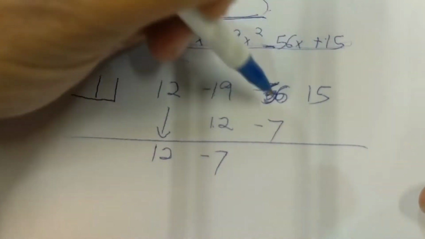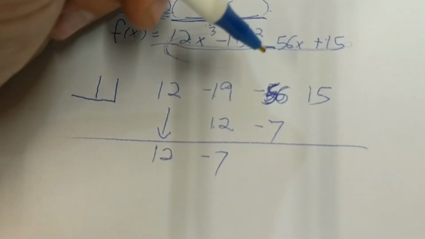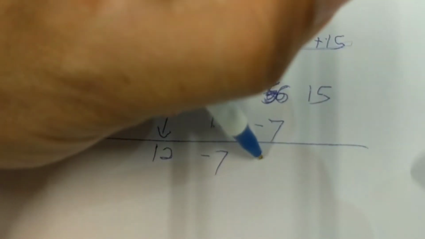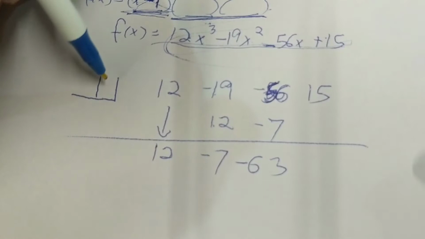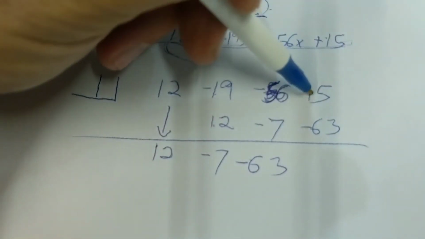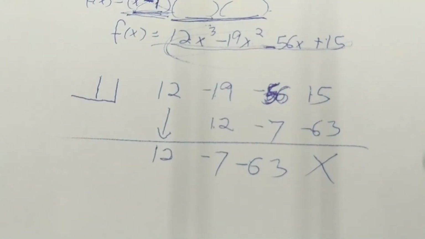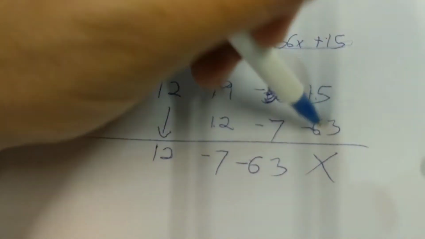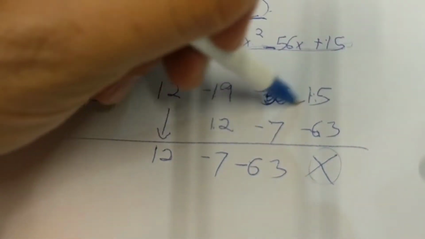Times that by 1. Then negative 56 plus negative 7 is negative 63, I think. And then 1 times negative 63 is negative 63. 15 plus negative 63 is something, but it's not 0. It's got a remainder on it. If this adds up to 0, then you have no remainder. This one doesn't, so that's not going to work.